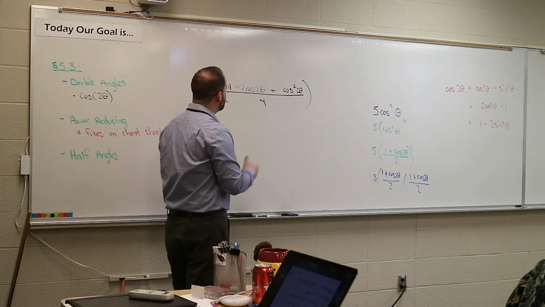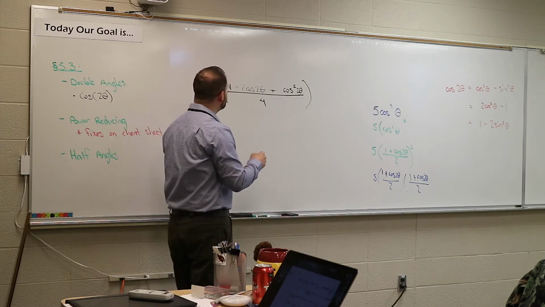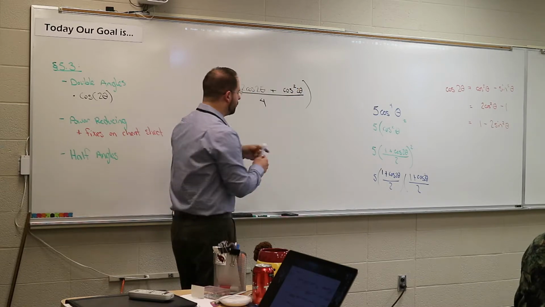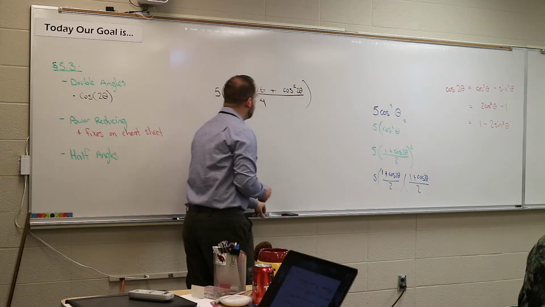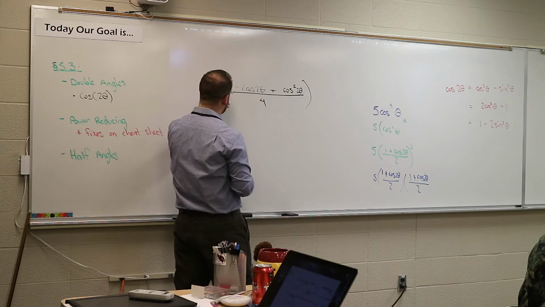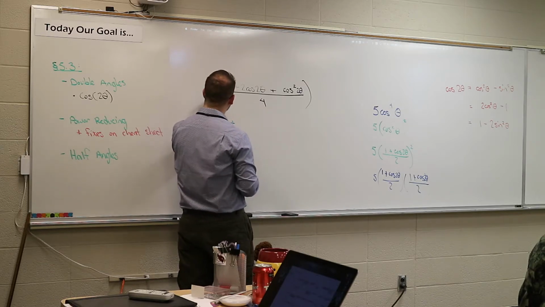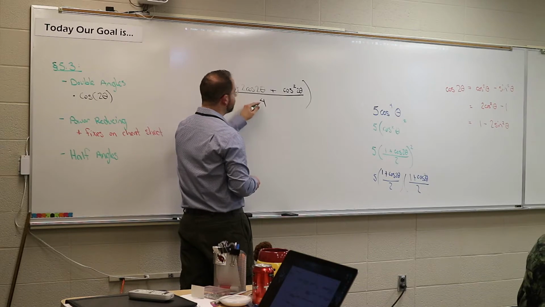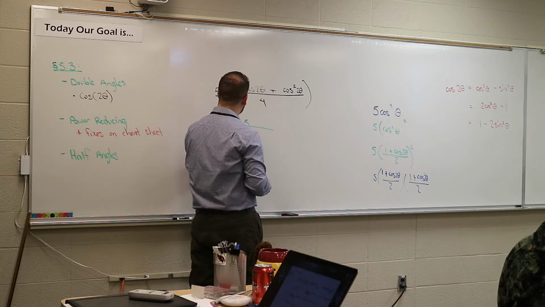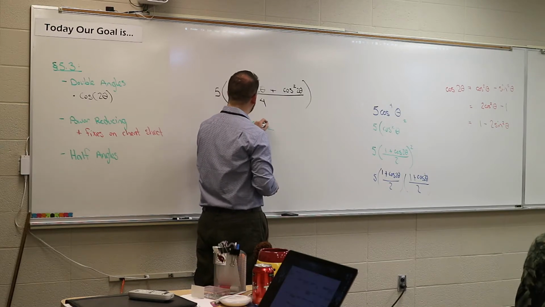I'm going to separate the 4 to each item, and I'm going to distribute the 5 through the parentheses. So when I do this, here's what I get: 5 over 4, because that's 5 times 1 and the 4 goes on the bottom, plus 5 times the 2 with the 4 on the bottom. So that'll be 5 over 2 cosine 2 theta.